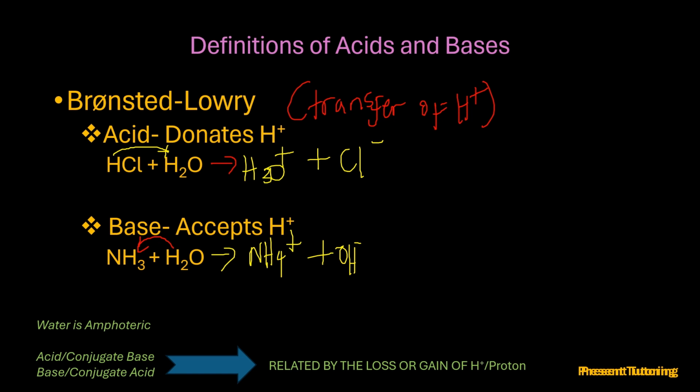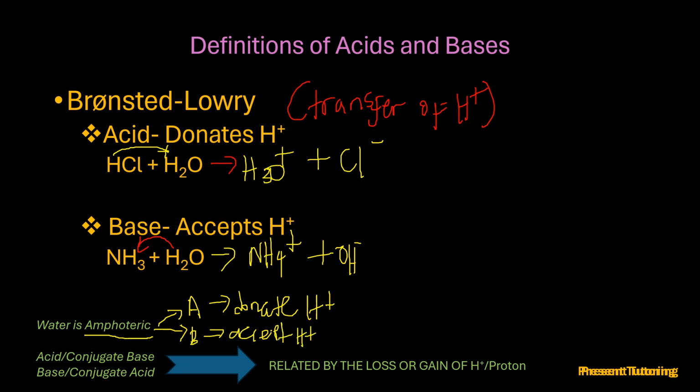Which is good because now we can look at how unique water is, because we can actually say that water is amphoteric. Water is amphoteric because it acts as both an acid and a base. In the case of the acid, it can donate a H+, and if it acts as a base, it can accept a H+.